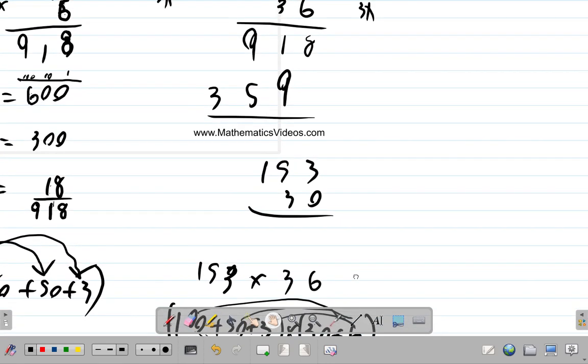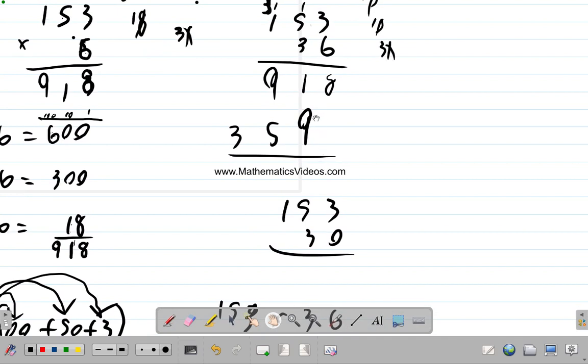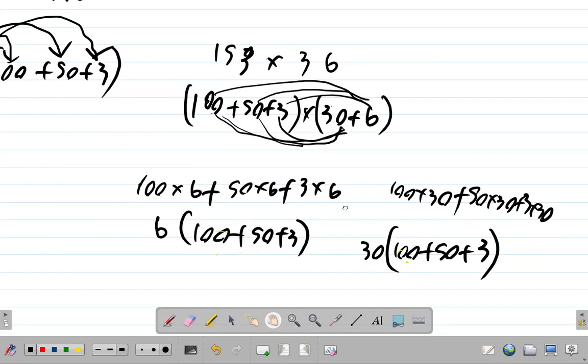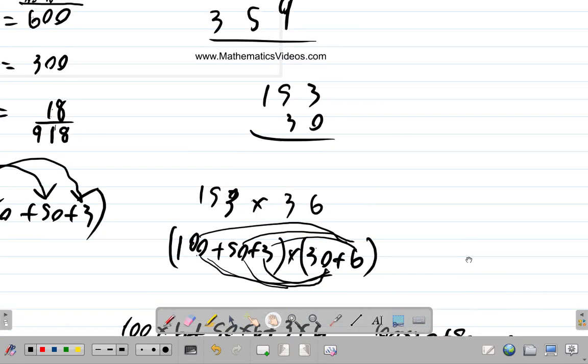So you put the 9 down here. And then 3 times 5 is 15. Cross out the 5, bring it down here, and carry 1 over. It is really 30 times 50. Right? 30 times 50 is 1500, that, you know.